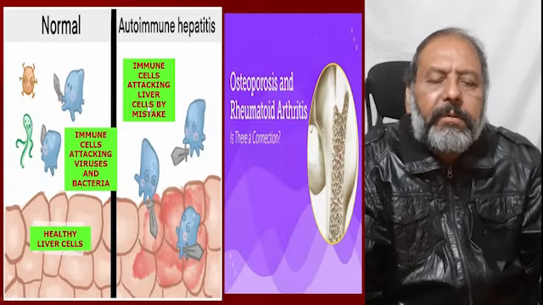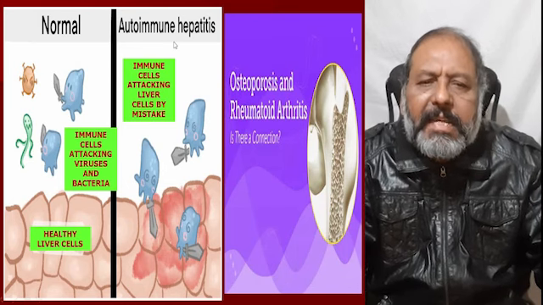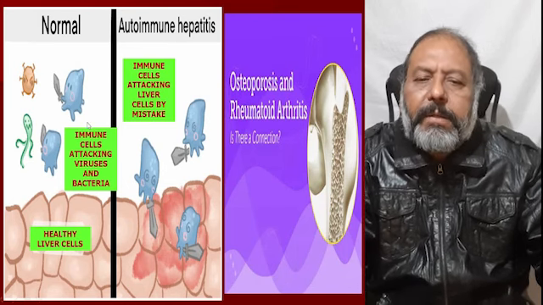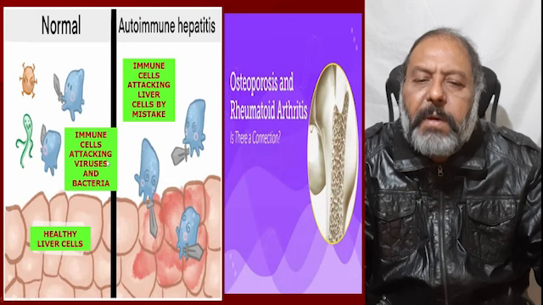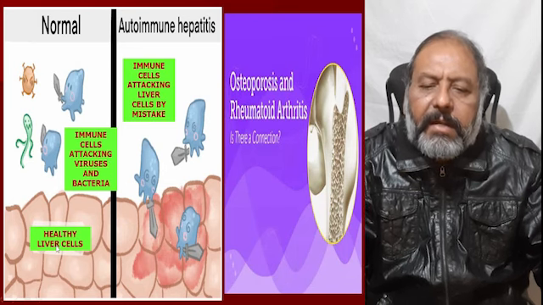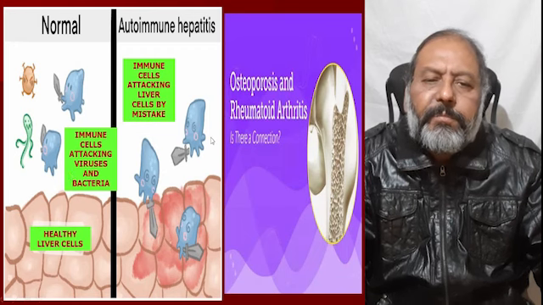So here one can see what happens in case of the liver. Normally, the immune cells are capable and responsible for attacking viruses and bacteria, and the healthy liver cells are not attacked by these immune cells.